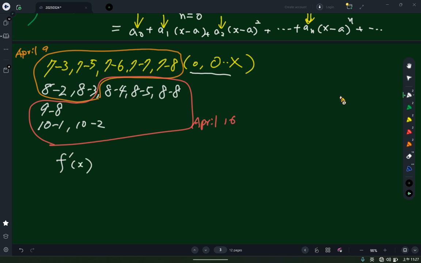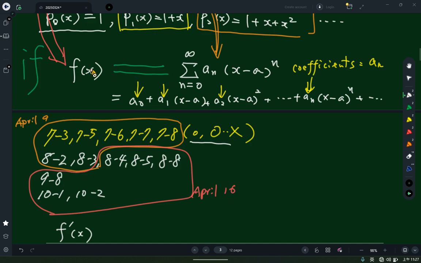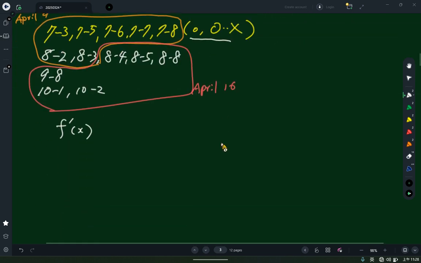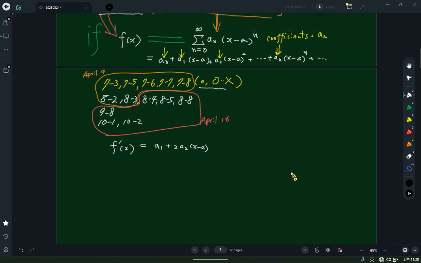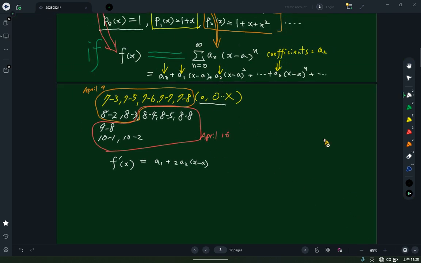Of course, we assume the function is differentiable. We assume this f is differentiable, so that you can see it will be a1 plus 2a2 (x minus a).